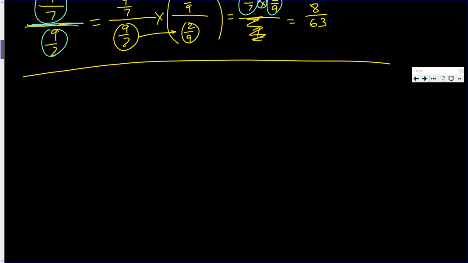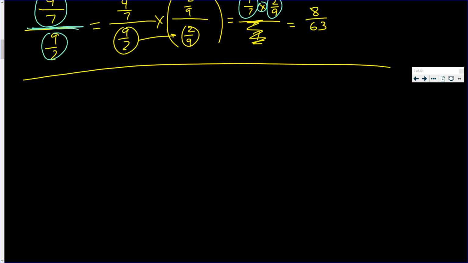Okay, I don't think I should just tell you the rule. You need to see why. For example, if you have A over B in general divided by C over D, with no question about it, it equals itself times 1.